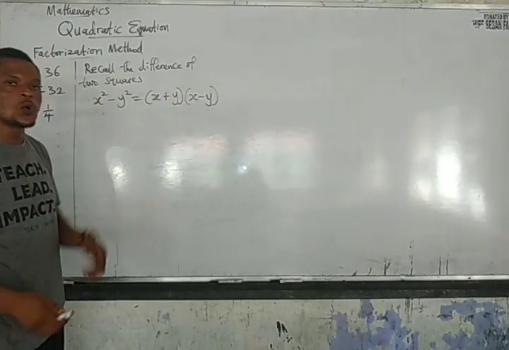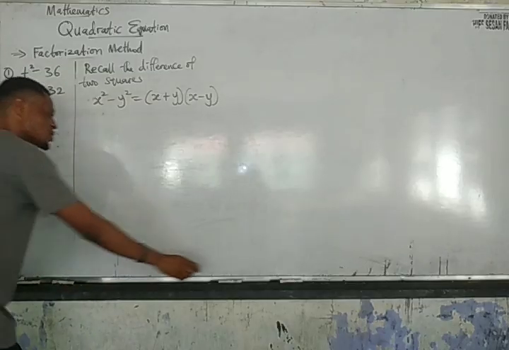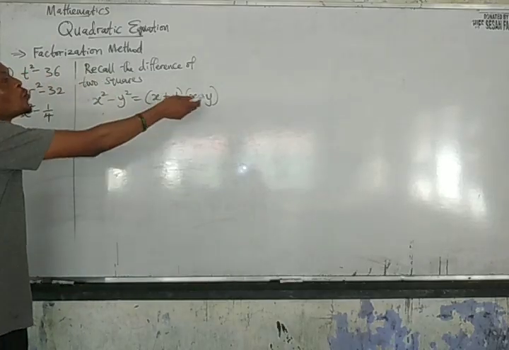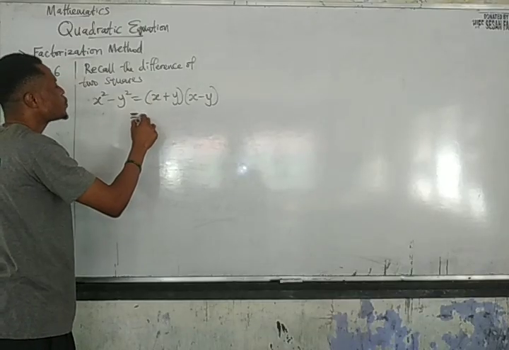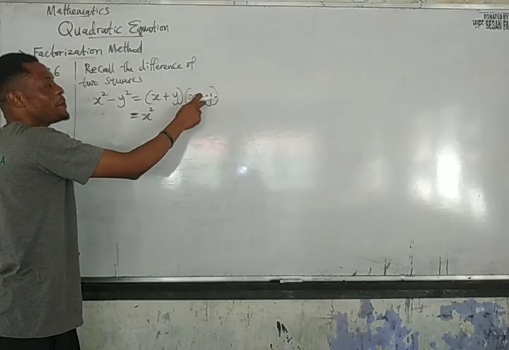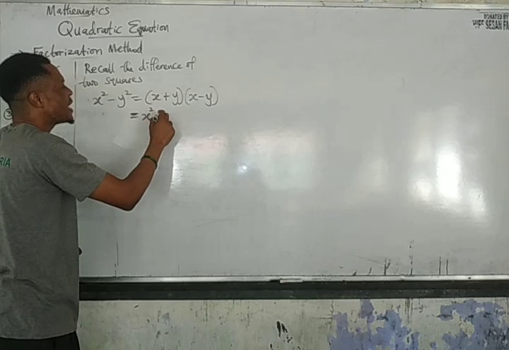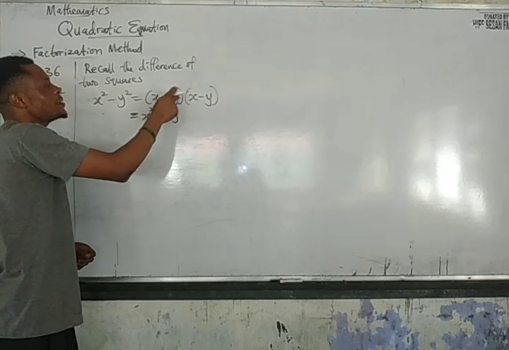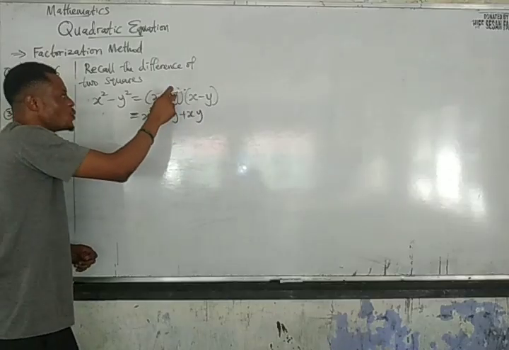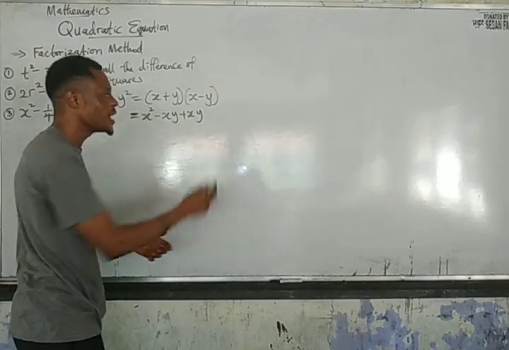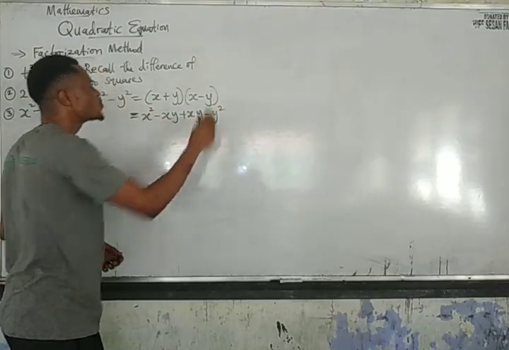This is equivalent to this. And for the benefit of doubt, we can try to open this bracket. It will give us x multiplied by x, we have x squared. x multiplied by minus y, we have minus xy. y multiplied by x, we have plus xy. And finally, y multiplied by minus y will give us minus y squared.